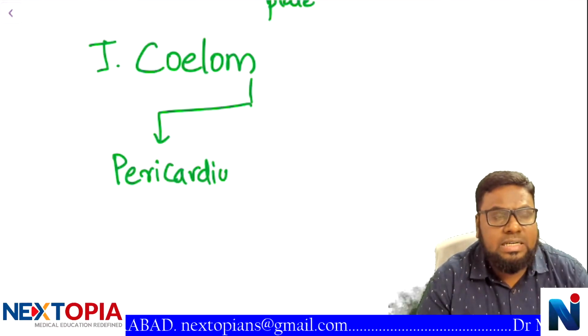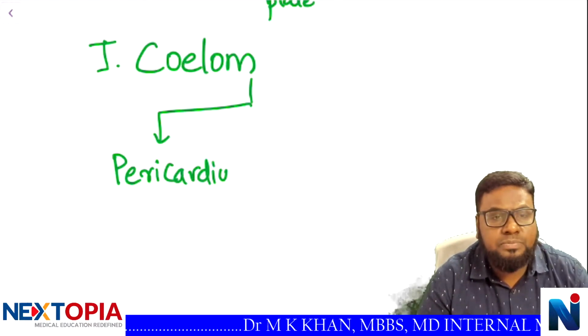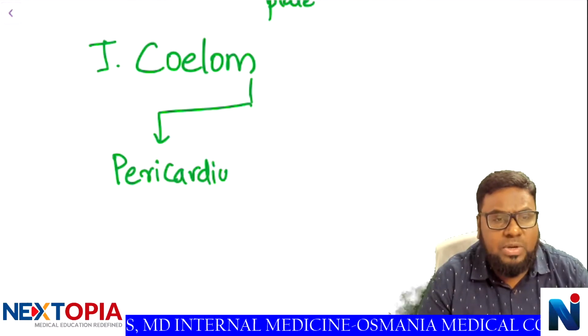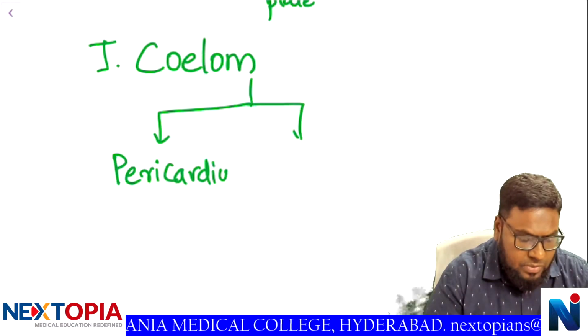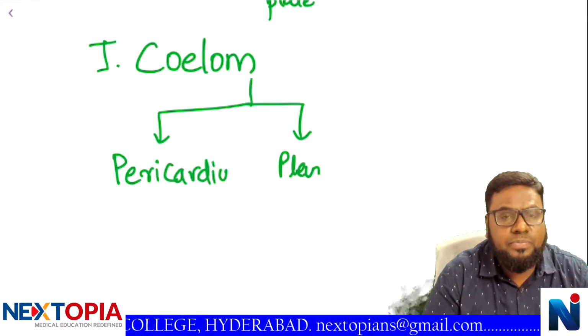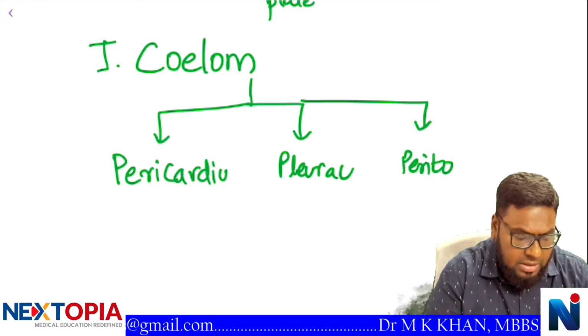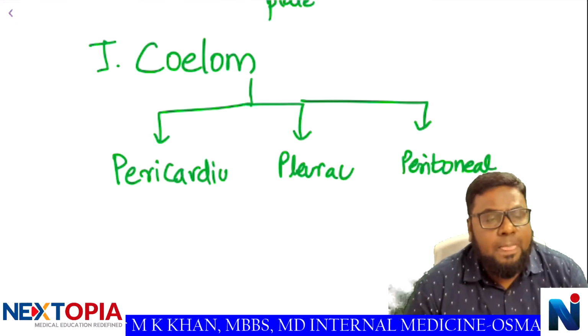Coelomic fluid is the fluid which is occupying that space. So how the intraembryonic coelom forms the pericardial cavity, the pleural cavity, and the peritoneal cavity. We'll discuss all these points.